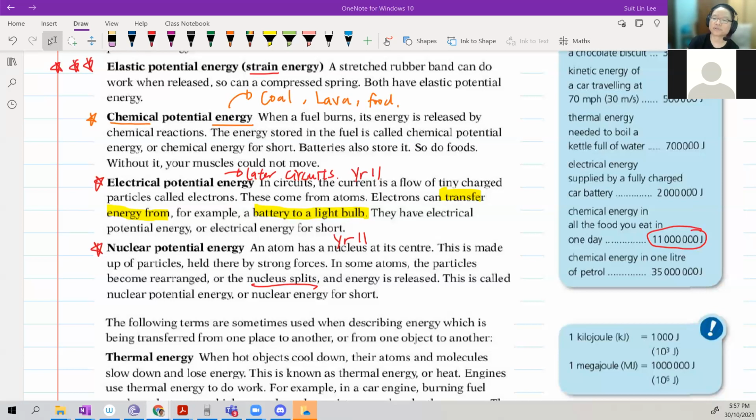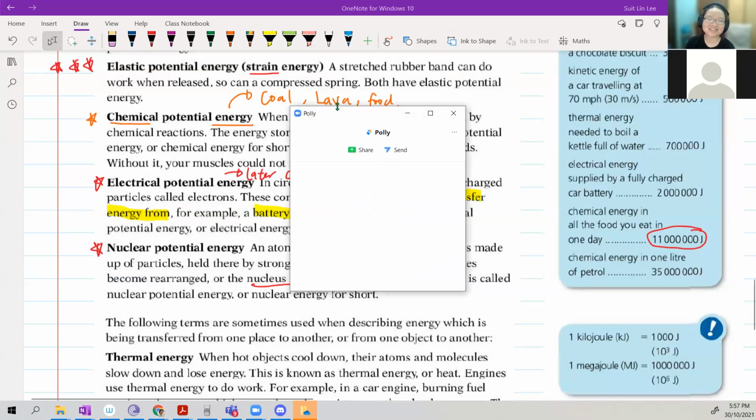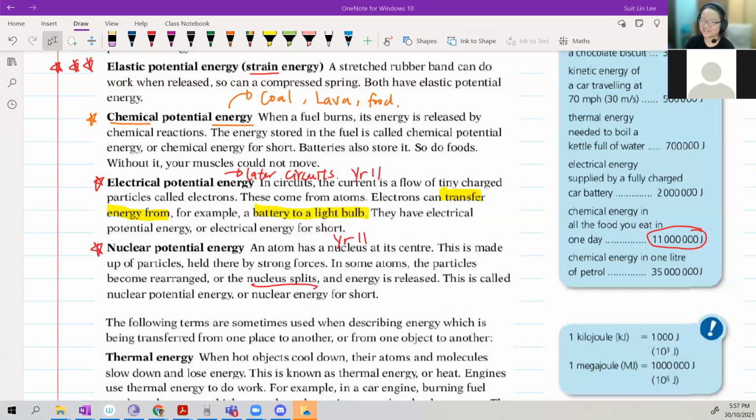I guess I'll ask you a question. Is your blood warm or cold? Warm. Okay, very good. What warms up your blood? Teacher, are you saying that I eat the food to warm up my blood?